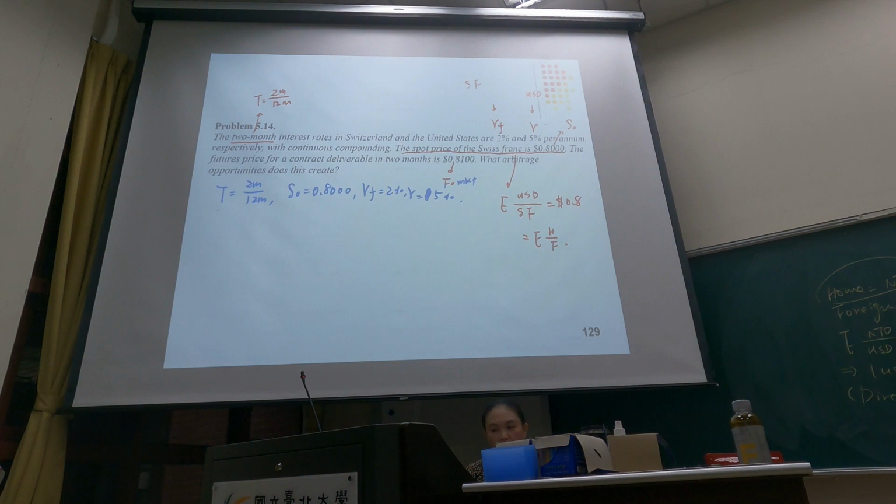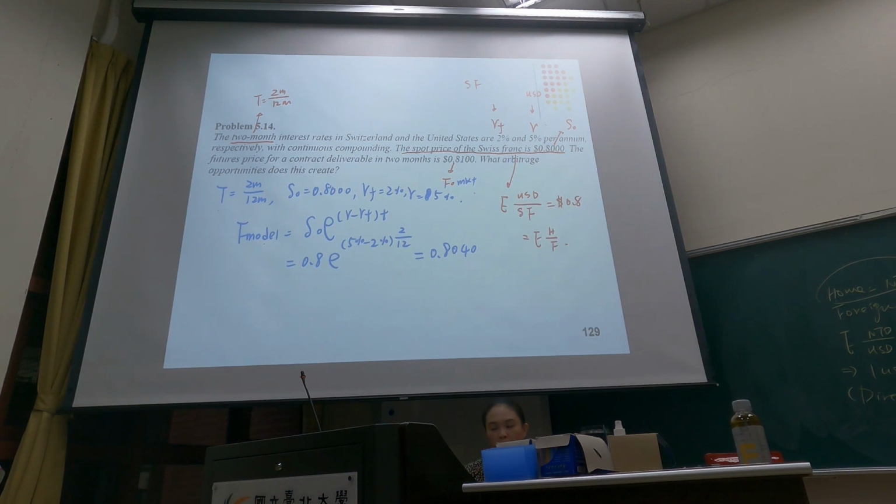Write down the formula: F model equals S0 e^((R − RF)T). We just figure it out: 0.8 times e to the power of (5% − 2%) times 2 over 12. So you figure out the model price is 0.8040. That's the model.